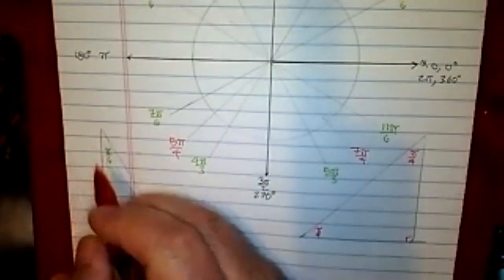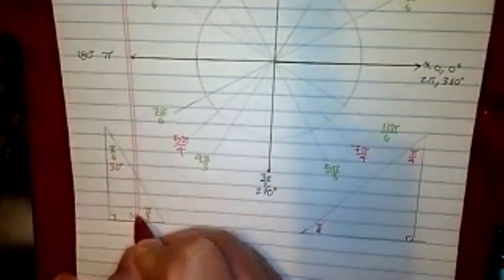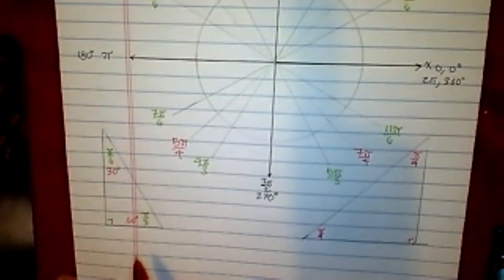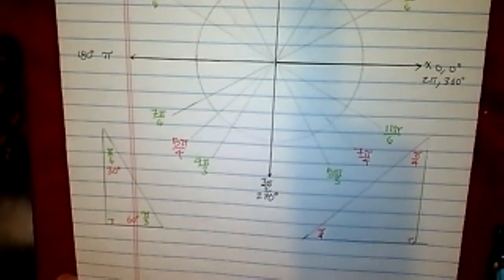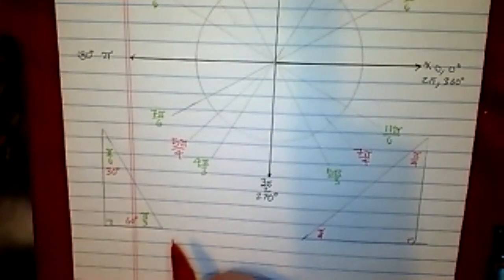So this one's actually called the 30, 60, 90 triangle. 30 degrees, which is pi over 6, 60 degrees, which is pi over 3, and 90 degrees, which is marked by that, which is pi over 2, of course.